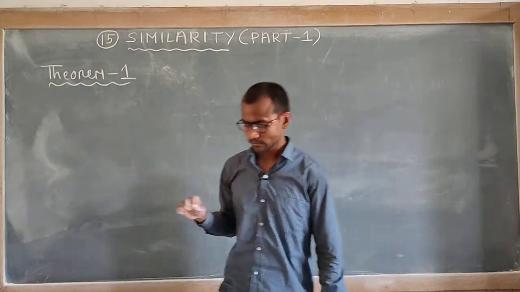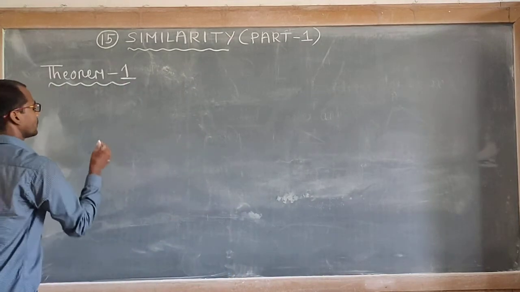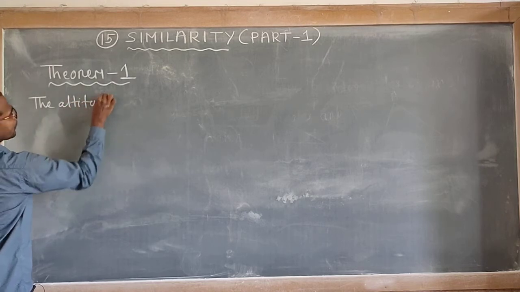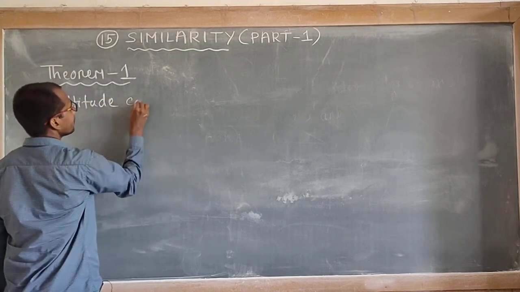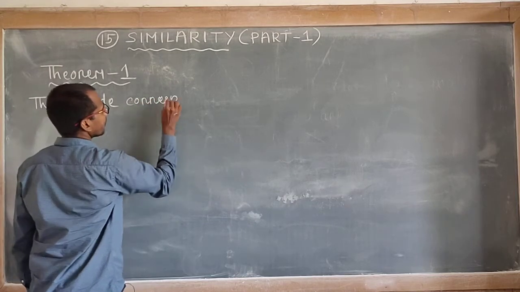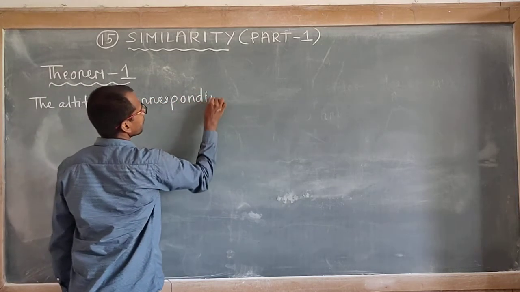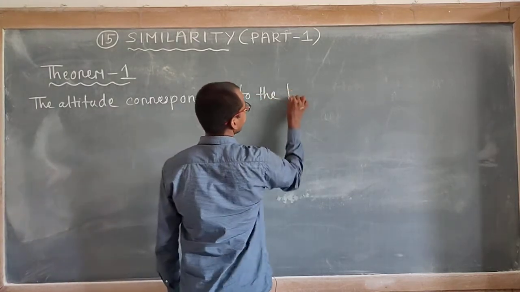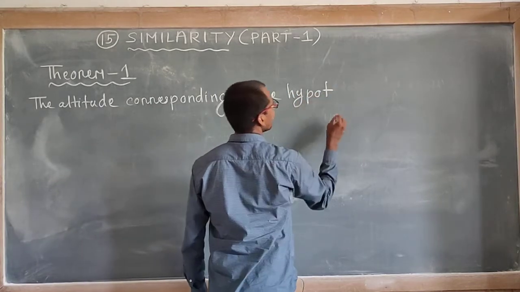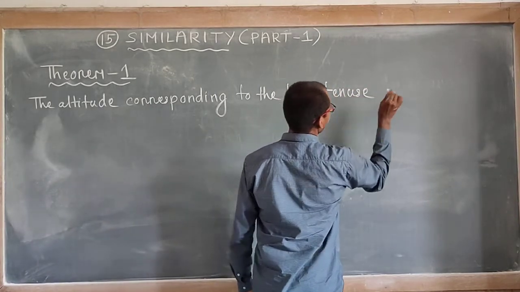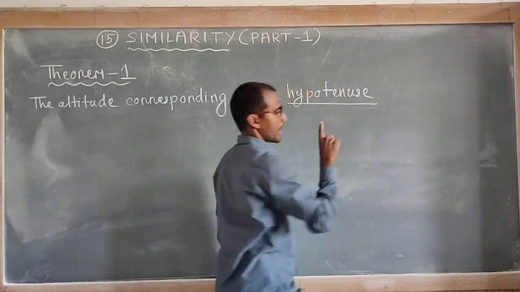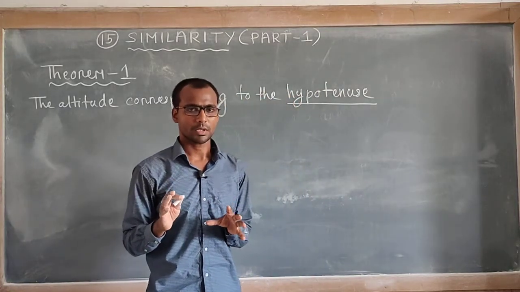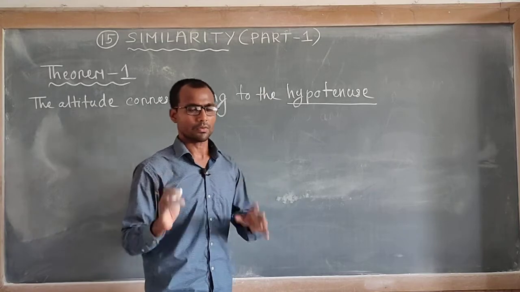Okay. So the theorem states that the altitude corresponding to the hypotenuse. Now, if hypotenuse, it must be a right triangle, because hypotenuse belongs to right triangle only.